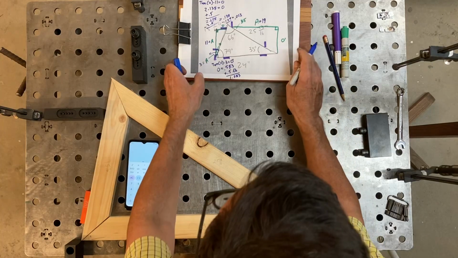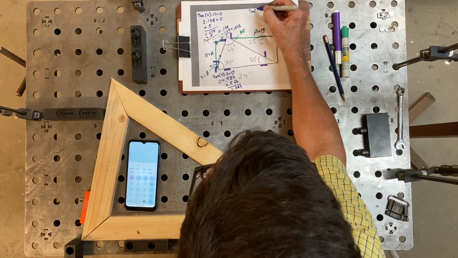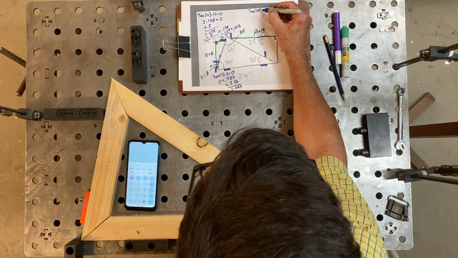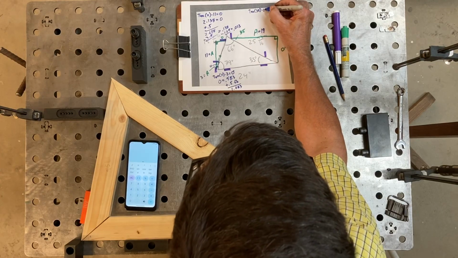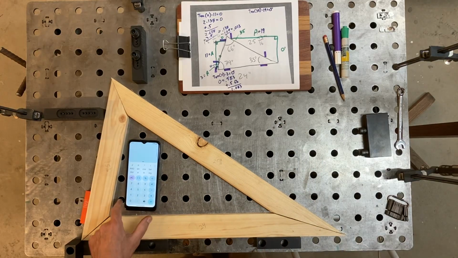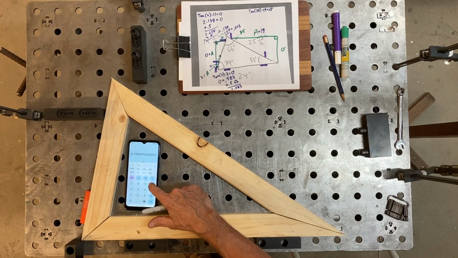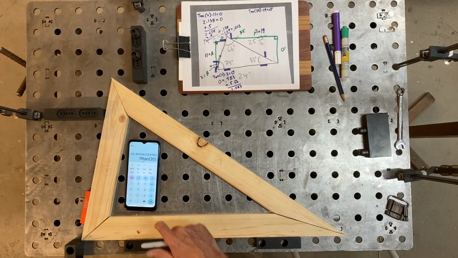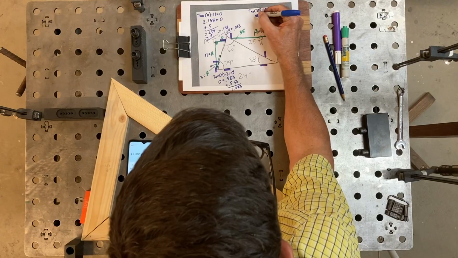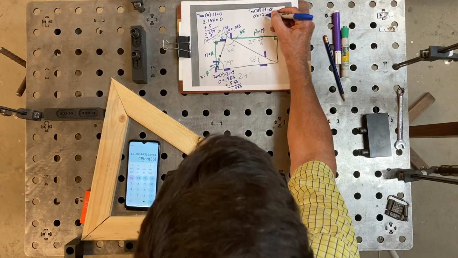So now we just do our formula again. So the tangent of 35 degrees times A is equal to our O. So tangent 35 degrees times 19, O is equal to 13.304.